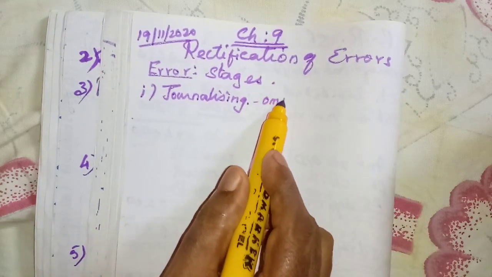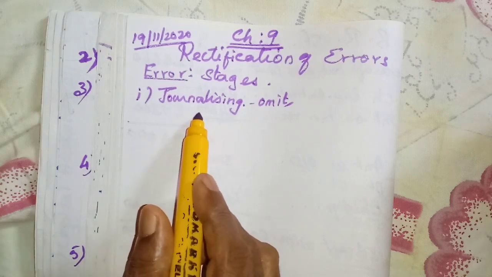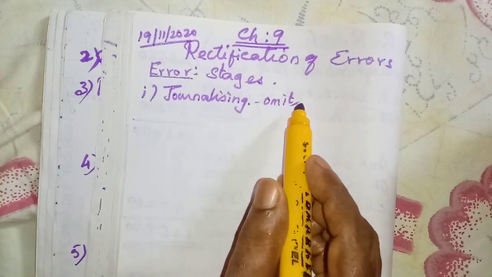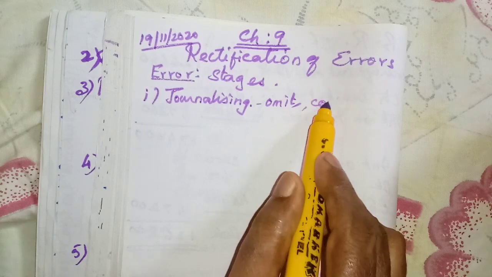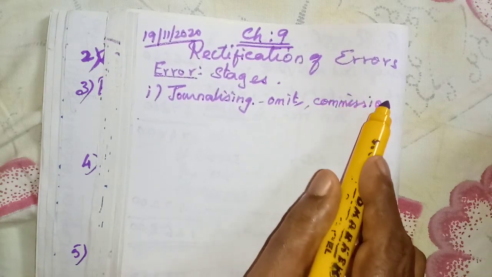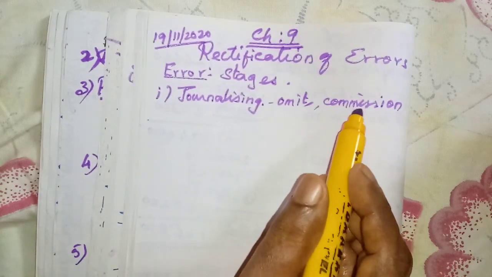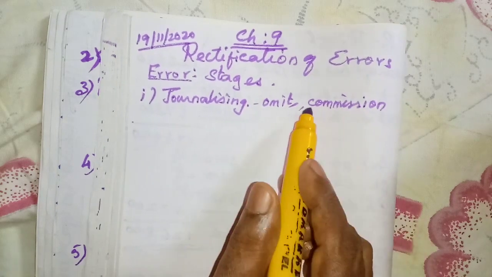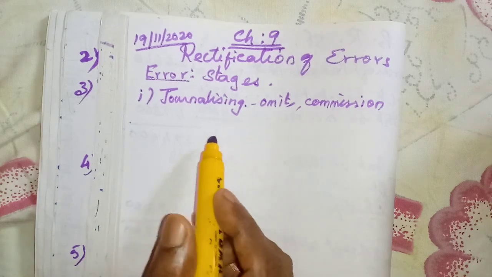Either they can omit a transaction and not prepare the journal entry, that is error of omission. Then error of commission. That means they may write the wrong amount, or write the wrong name. That is called commission. Or instead of writing 1,000, they can write 10,000. All types of error like this will come under the word commission.